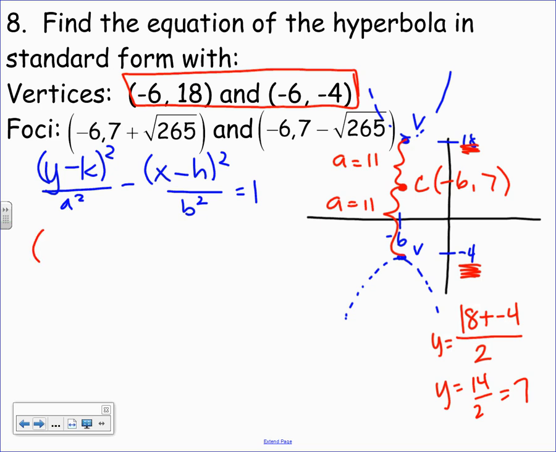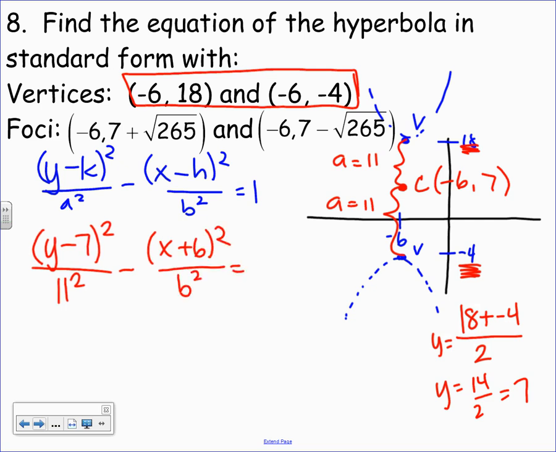So here, I've already got lots of my values. So (y - 7)² over 11² minus (x + 6)² over b² equals 1. Okay. All right. Wonderful. Focus. Oh, there's some yucky things in here.